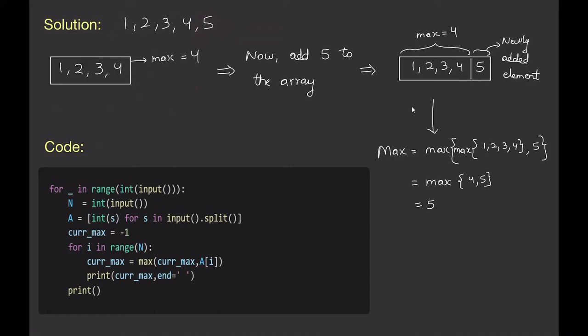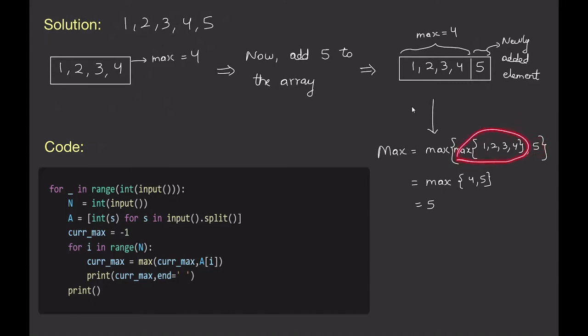Once I add the fifth element, the array looks something like this. You want to find the max of 1, 2, 3, 4, 5. But already you have the max of 1, 2, 3, 4 from the previous query when i equal to 4. So now you can find the max of 1, 2, 3, 4, 5 by simply taking the max of 1, 2, 3, 4 and comparing it with the newly added element 5.